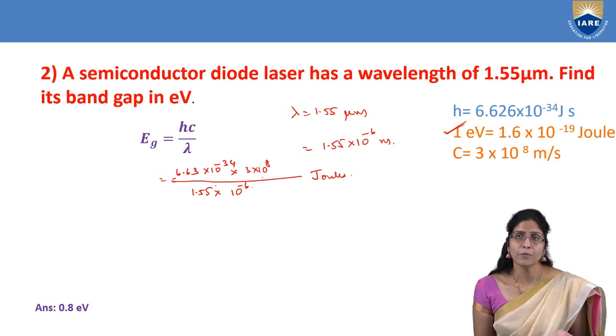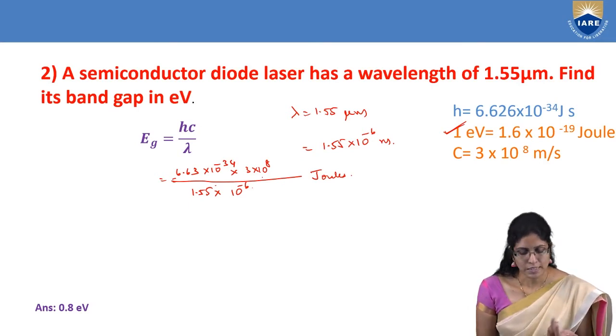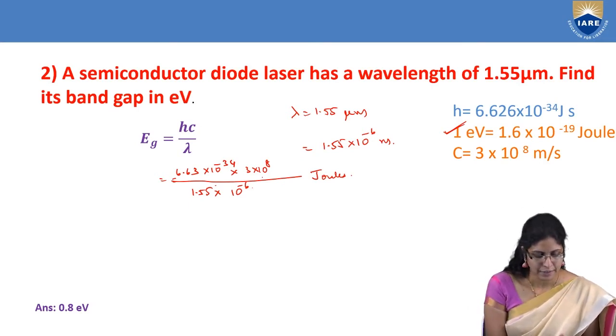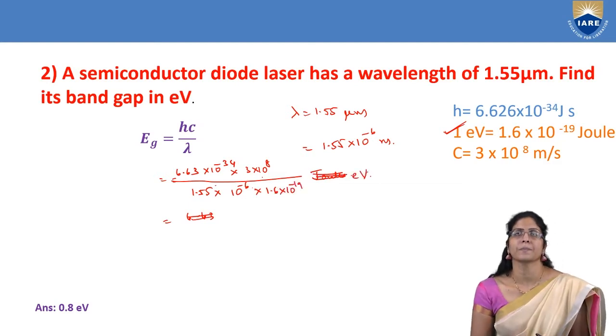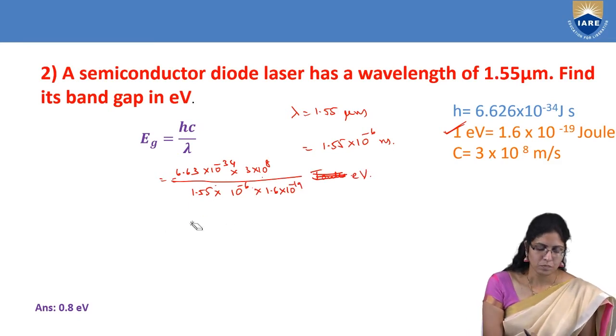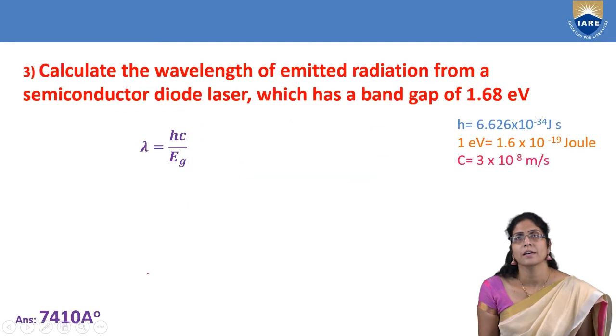You can calculate the answer and convert it into electron volt, or else do it now itself by dividing by 1.6 into 10 to the power of minus 19, and this turns out to be in electron volt. So the answer will be 0.8 electron volt.